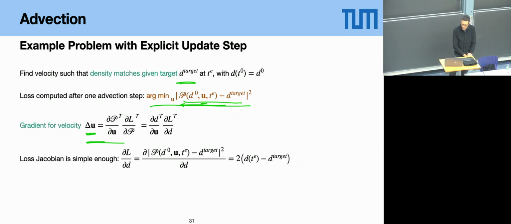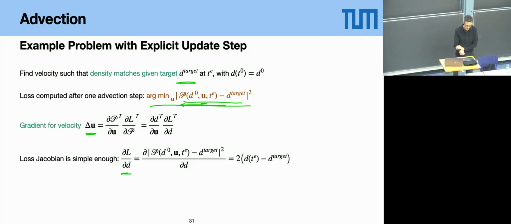Yeah, so if we now resolve these 2 steps, in this case our whole chain of operations for a whole solve is basically just the 2, or the loss and the advection step. And the loss in this case is a quadratic loss. So if you compute the derivative of that with respect to our density, so it's written out here, right?